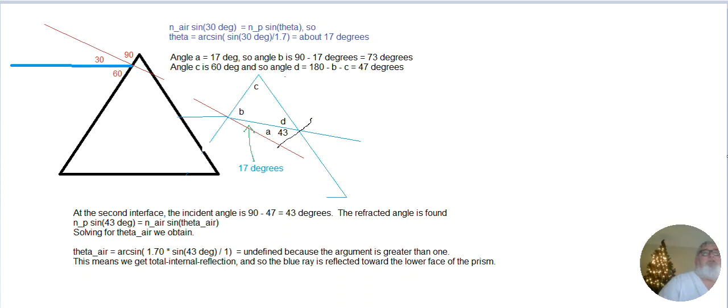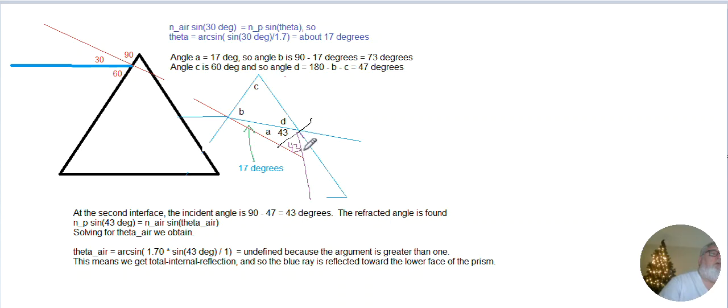Let me change the color here, maybe purple. What's going to happen is that ray is going to reflect at just about the same angle. Remember the law of reflection: the incident angle is equal to the reflected angle. This is also 43 degrees.